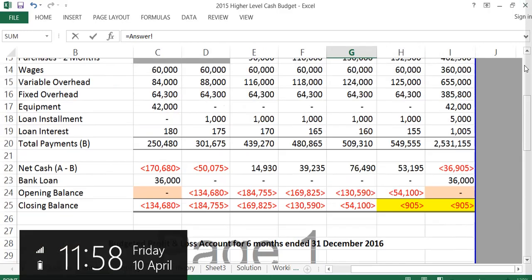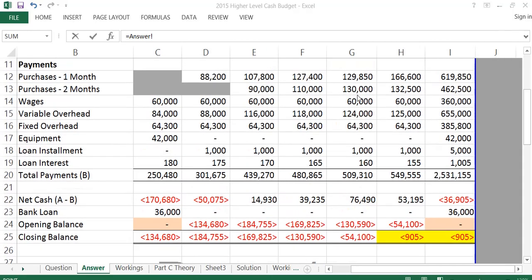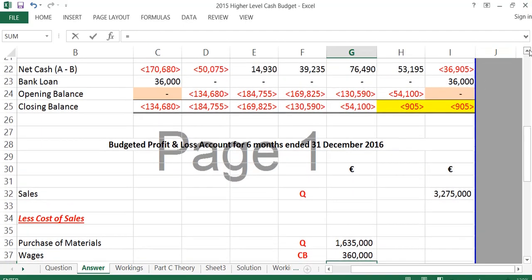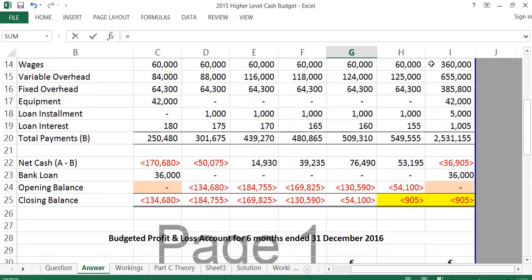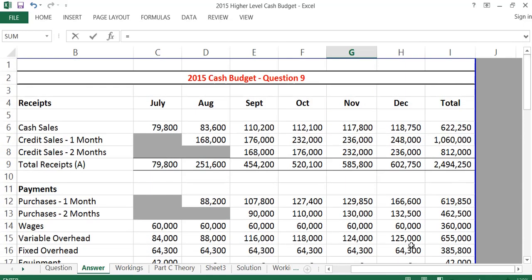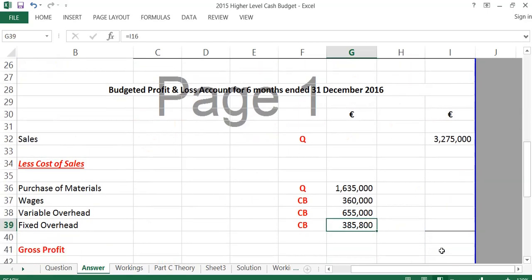Sorry, so wages coming from up here, 360,000. Variable overhead again, I'm taking from my cash budget above, 655. And the fixed overheads again, I'm taking from my cash budget above, which are 385,800, because they are all payable as incurred.